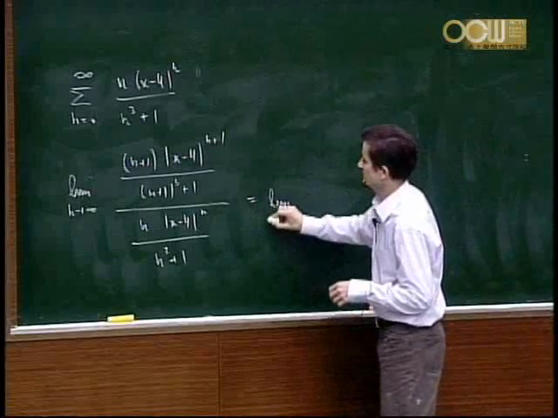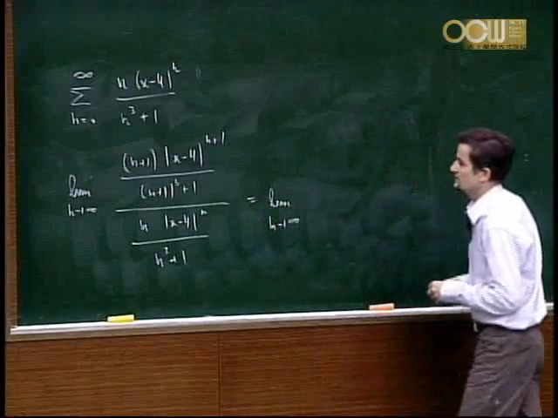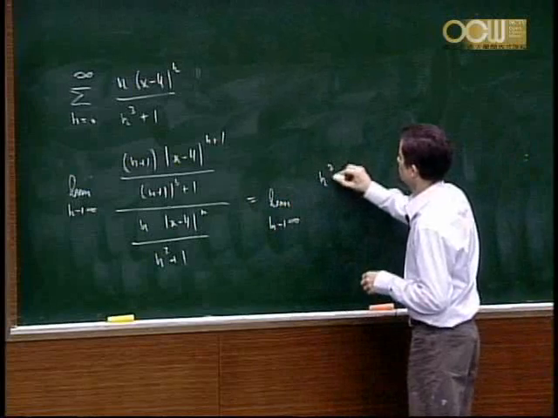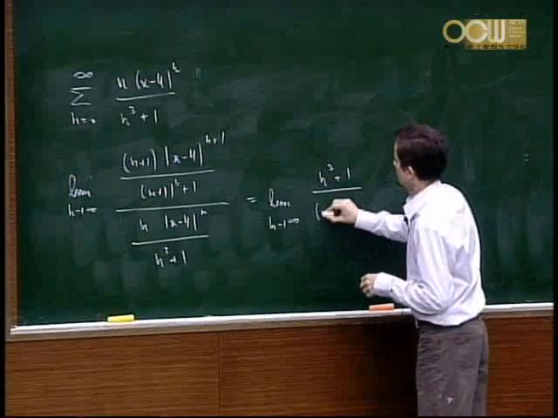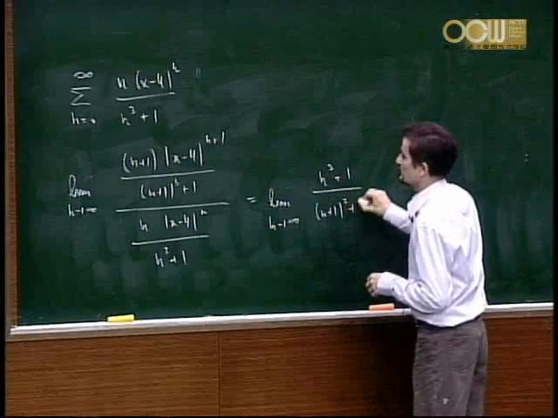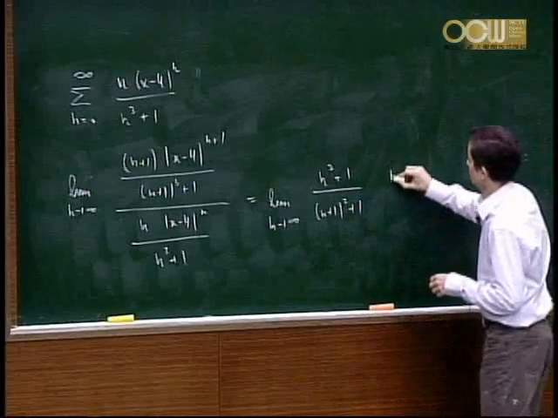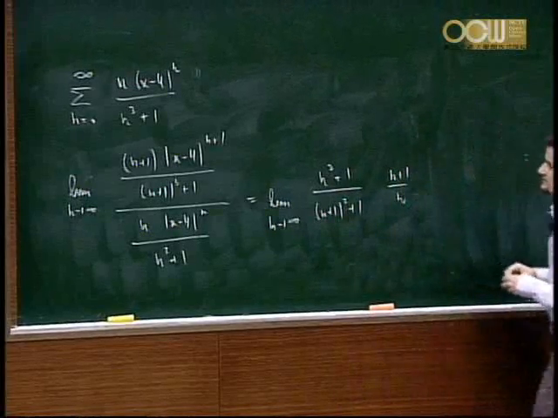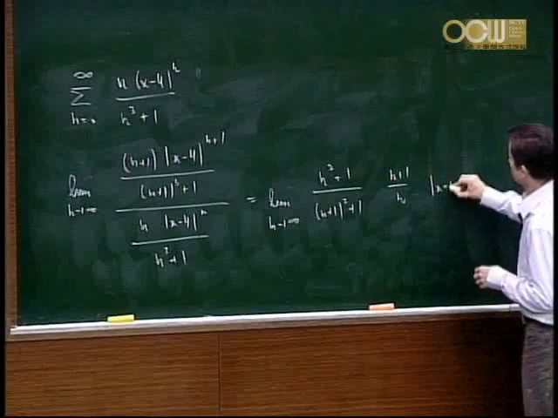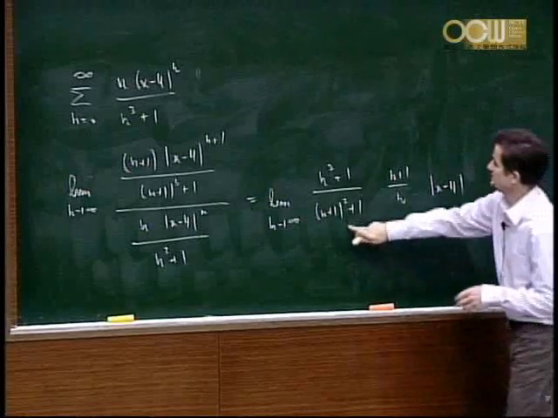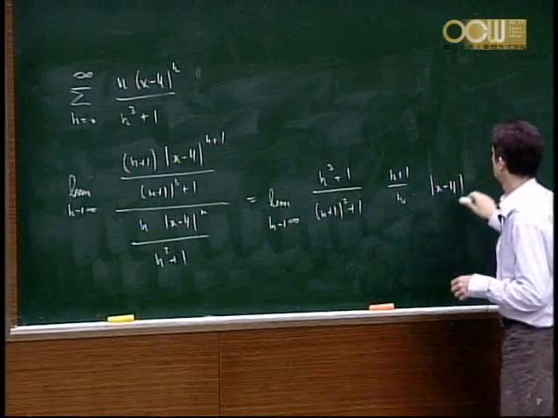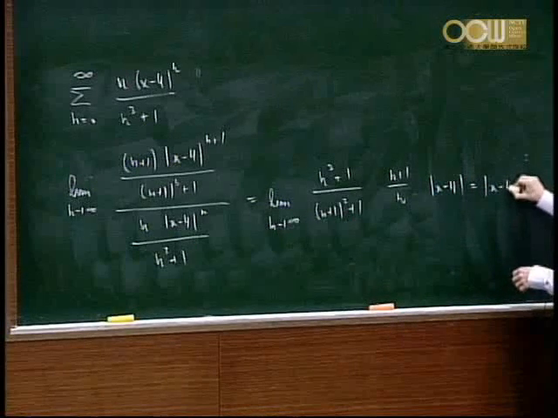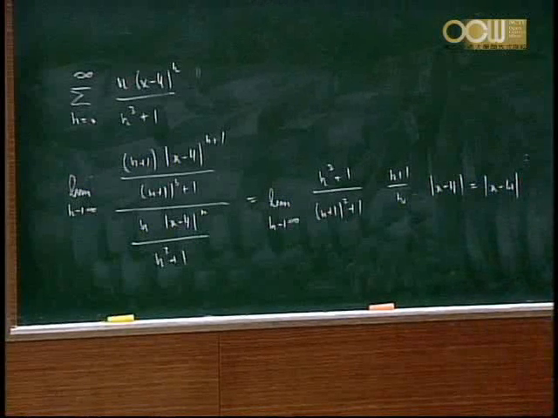So this is the limit as n tends to infinity of (n cubed plus 1) over ((n plus 1) cubed plus 1), times (n plus 1) over n, times the absolute value of x minus 4. You see that the limit of each of the first factors is 1. So what you get is the absolute value of x minus 4.